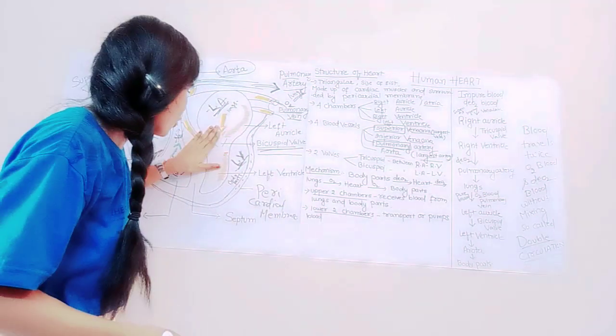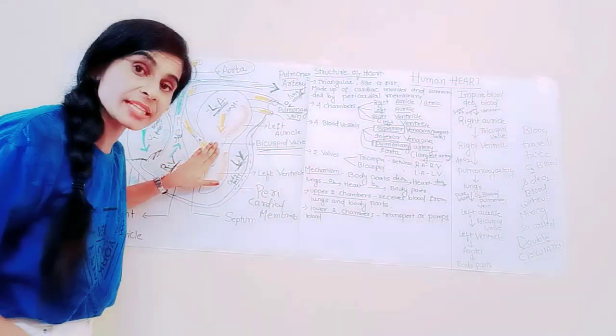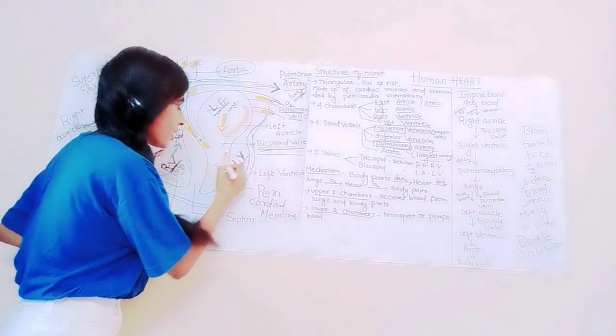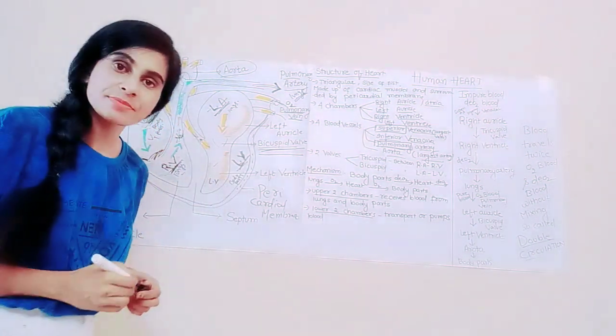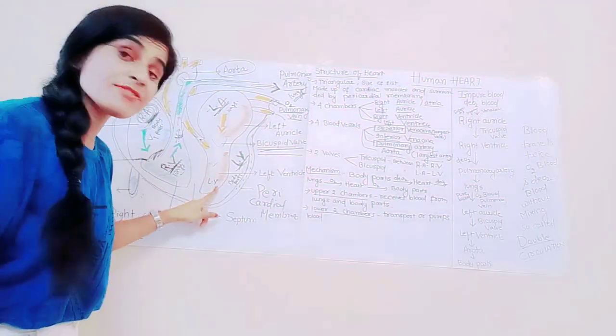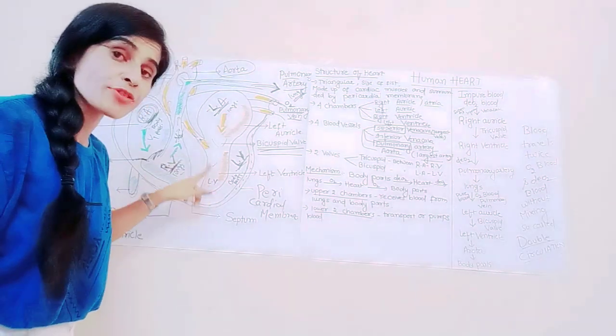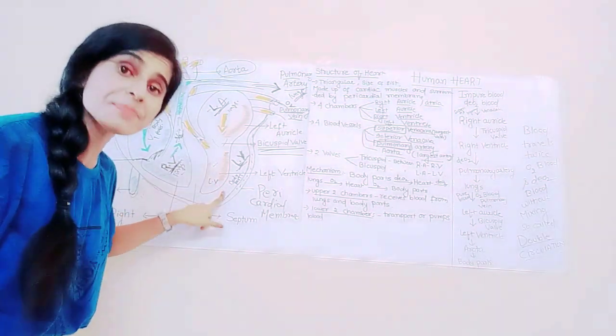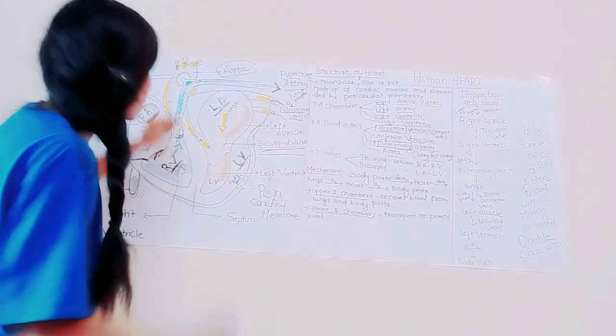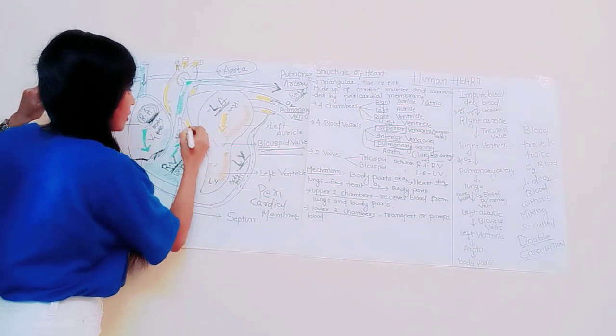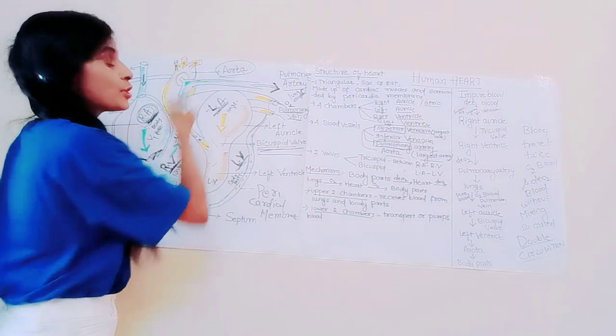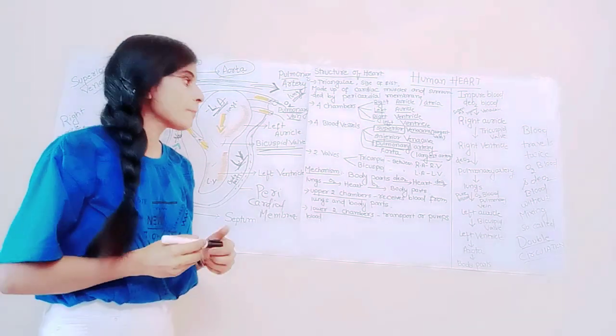That pure blood, after the valve opens, enters into your left ventricle. And now the left ventricle pumps this pure blood through aorta to all the body parts.